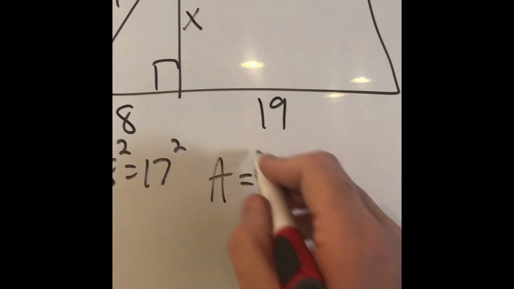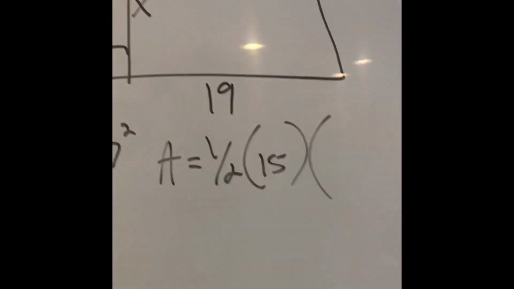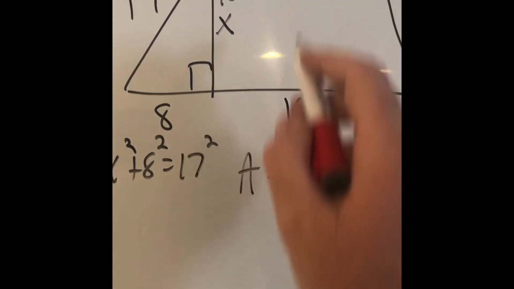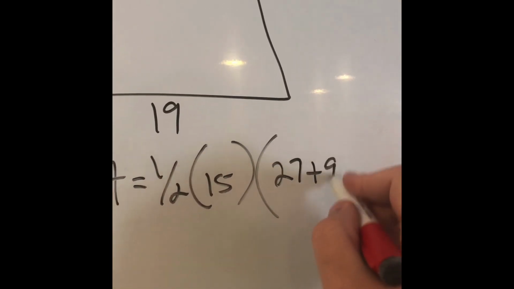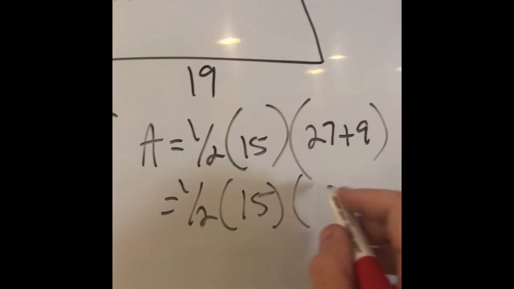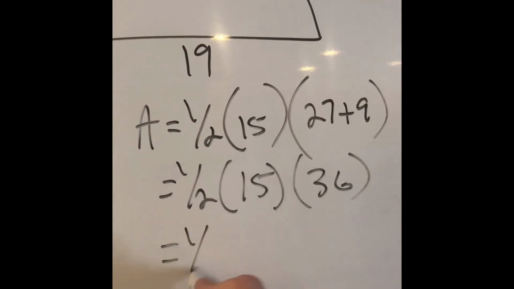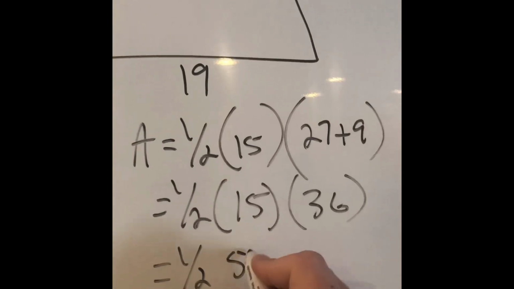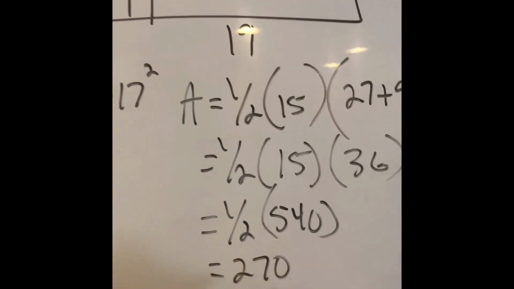So my area then is 1/2 of the height, 15, times, now this bottom base is 27, 8 plus 19. The top base is 9. So that's 27 plus 9. So this is 1/2 of 15 times 36. So that's going to be half of, and if we do that real quick in our head, that's 540. And half of 540 is 270.